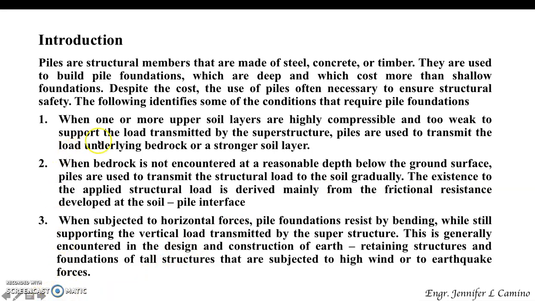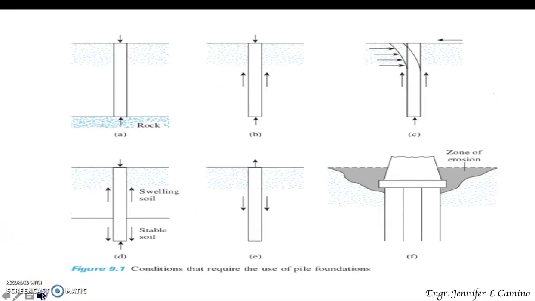The first one: when one or more upper soil layers are highly compressible and too weak to support the load transmitted by the superstructure, piles are used to transmit load to underlying bedrock or a stronger soil layer. This is an illustration of conditions that require the use of pile foundations.